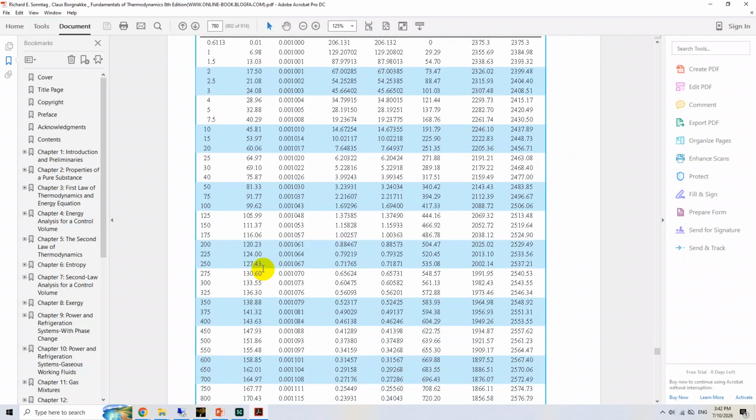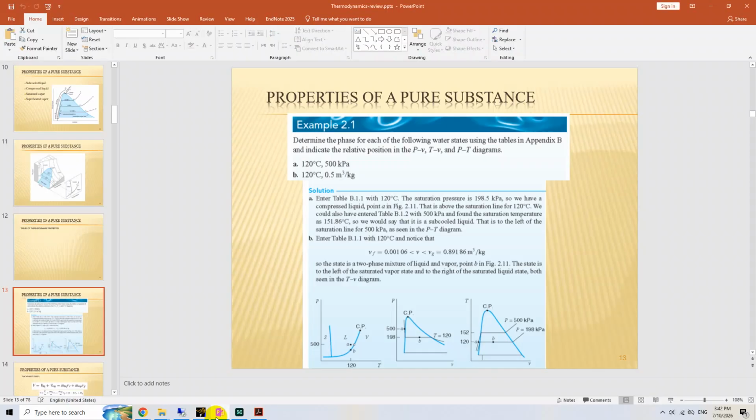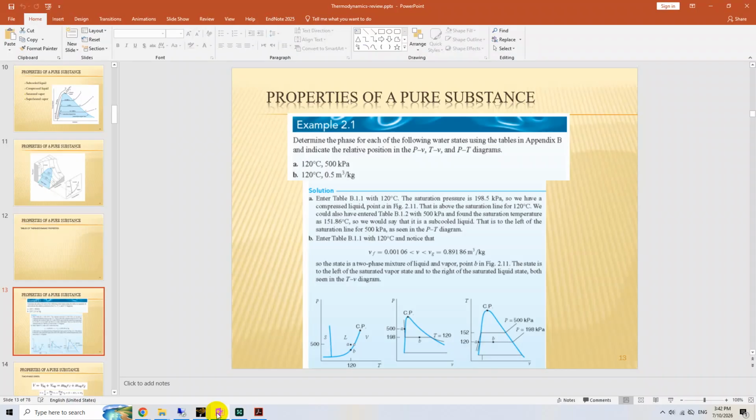So if we look at 500 kilopascal, we see that the saturation temperature is 151.86 degrees centigrade. So the saturation temperature is 151 degrees, while the actual temperature is 120 degrees centigrade.